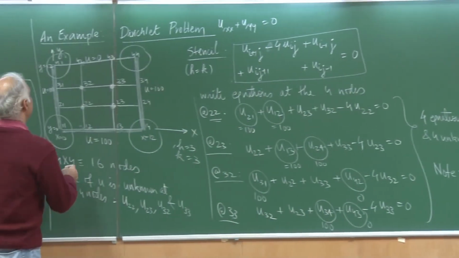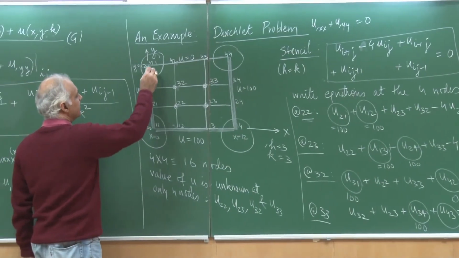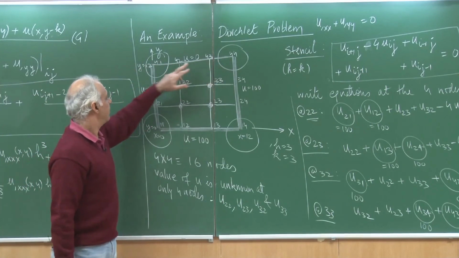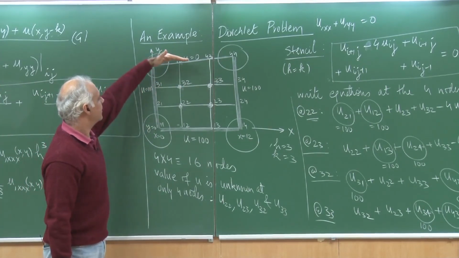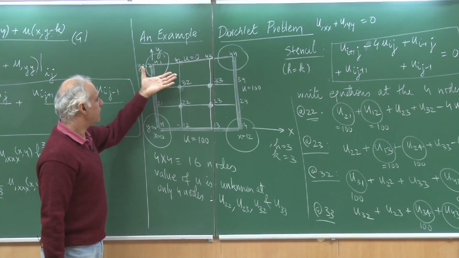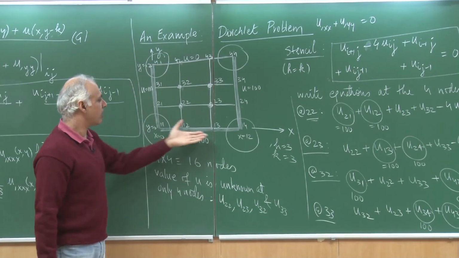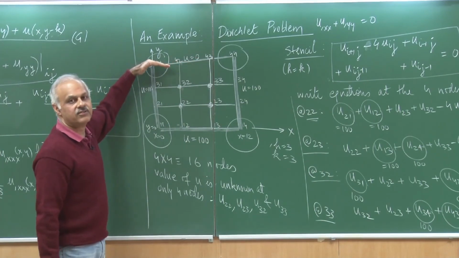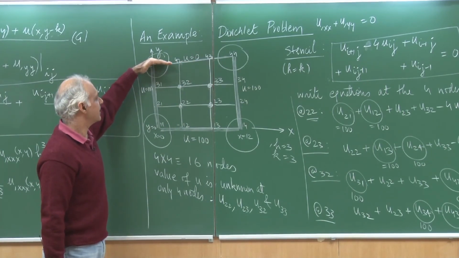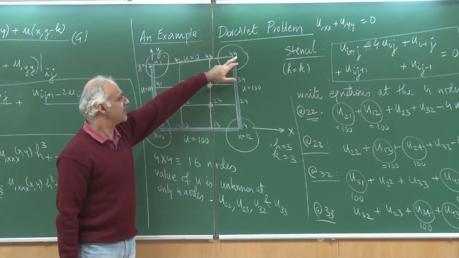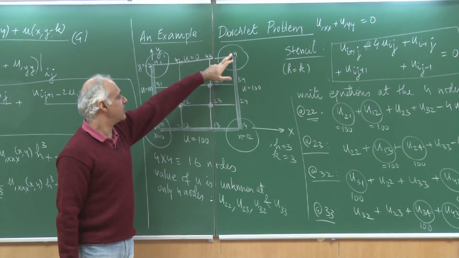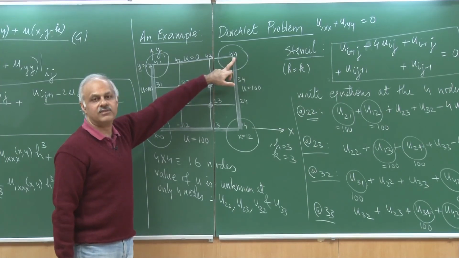In fact, some of you can already notice that there is a singularity here at the 2 corners, because the temperature changes from 100 to 0. It is almost like a plate which is dipped in boiling hot water at these 3 edges, and this one is in contact with frozen ice, at 0 degree centigrade. It is not clear whom these values should belong to. Should they belong to the edge with 0, or to the edge with 100 degrees?